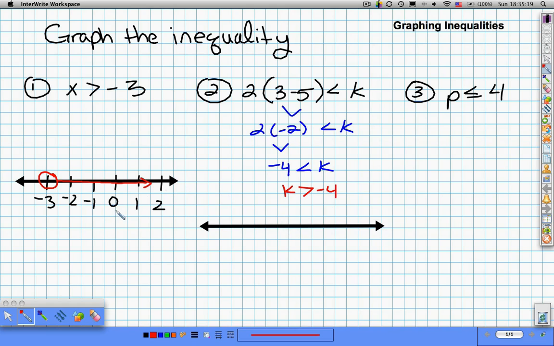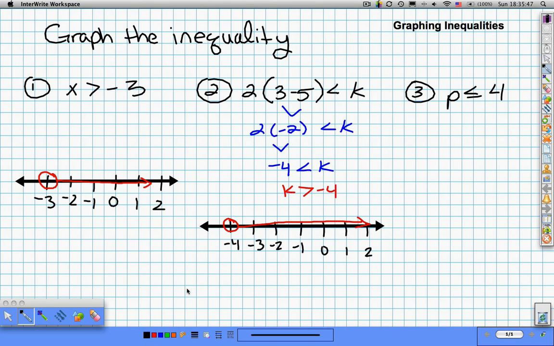So just like our first problem, we want to have at least -4 in here and then show it increasing to the right. And as before, it says k is greater than -4. So since it's greater, it's going to increase, which goes to the right. It's not equal to, so we're going to have an open circle on -4, and then we're going to draw our arrow to the right.